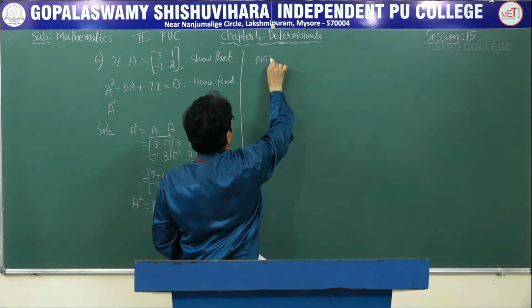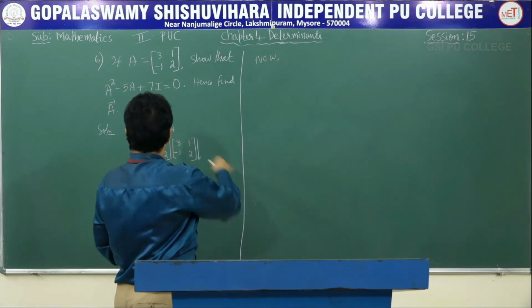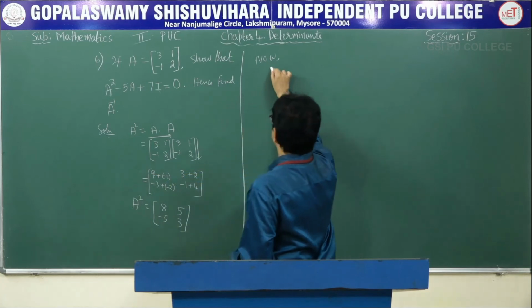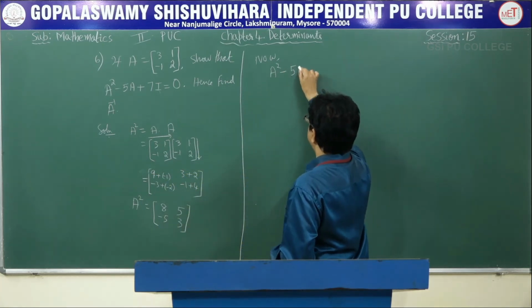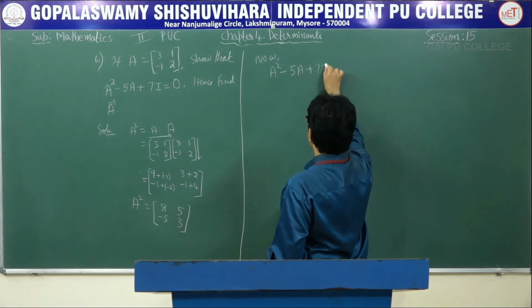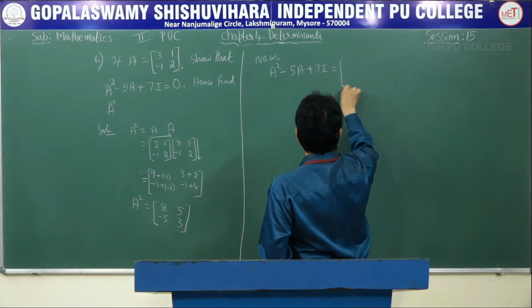Now, let us consider A square minus 5A plus 7I.